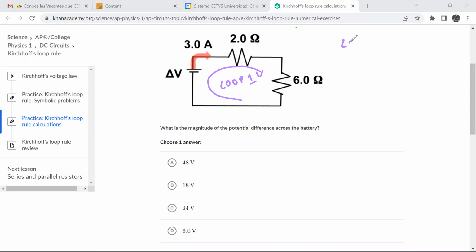And so if we go around the loop, we're going to find the voltage we're looking for, that they're calling delta V, plus I'm going to call this R1, I'm going to call this R2, the voltage in R1 plus the voltage in R2, this is going to be equal to 0.